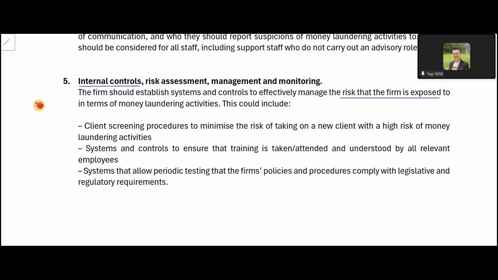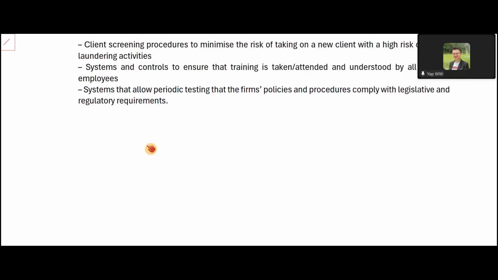Internal control to make sure in your audit firm, someone will be doing the client due diligence, someone will be giving training to employees. Yeah. So someone goes and checks these records. Okay. So that will be the internal control of the audit firm to ensure money laundering policies are all done in a proper way. So the last one is to make sure the first four are done effectively.